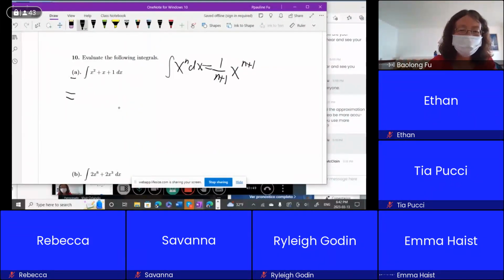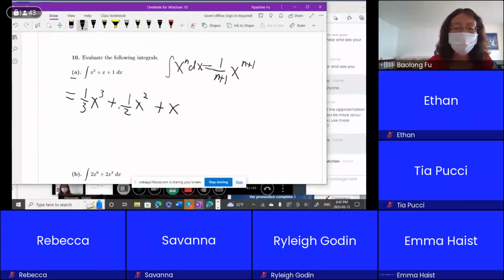So this becomes 1/3 x cubed plus 1/2 x squared, and this one is actually x, because the derivative of x equals 1. And do not forget plus C. This is an indefinite integral.